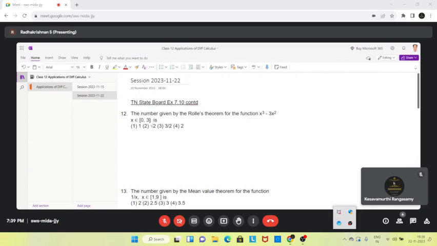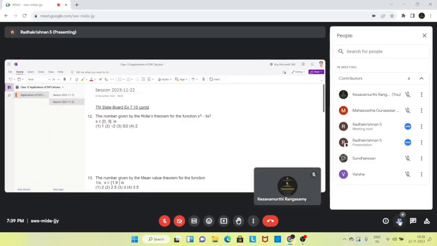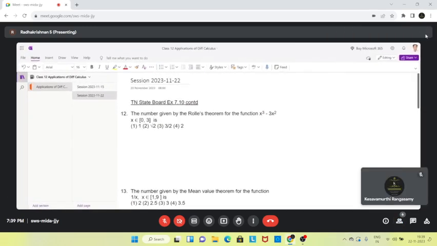Okay. So what is Rolle's theorem? Have they taught you Rolle's theorem or not? Suppose there is a function f of x and f of a equal to f of b.